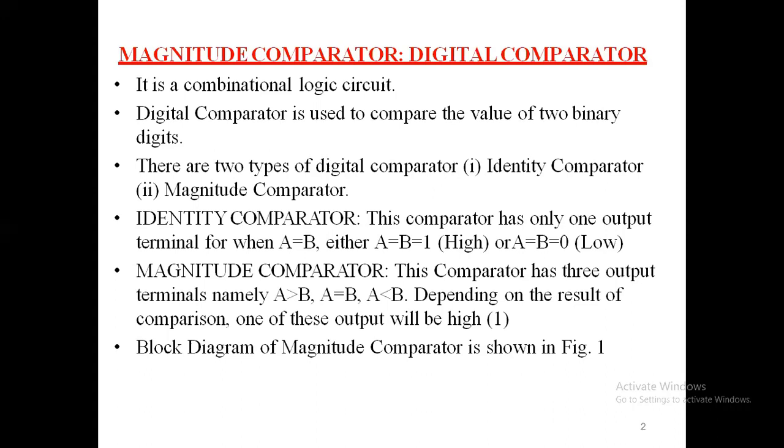A circuit for comparing two n-bit numbers will require 2 power 2n entries.